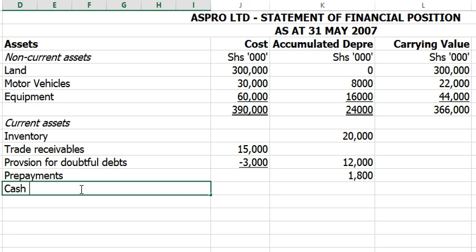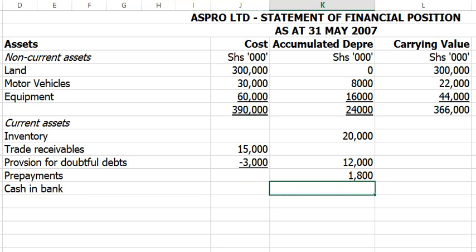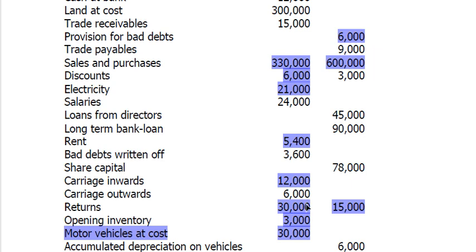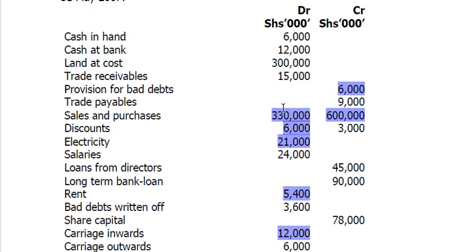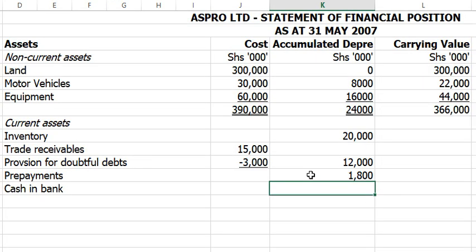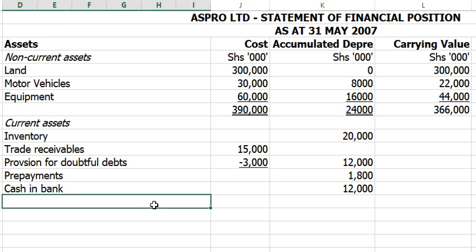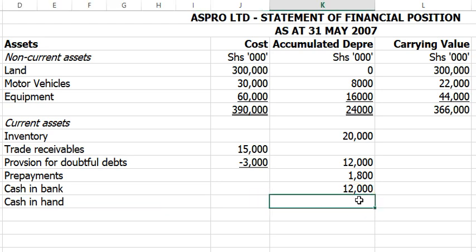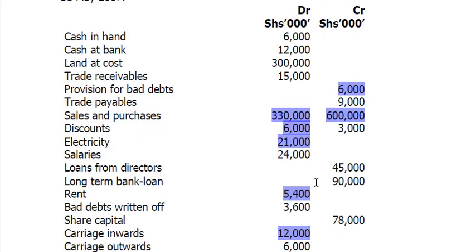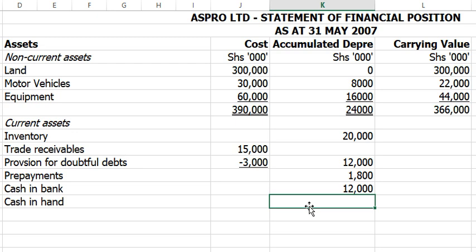Then the cash in bank, that is 12,000. Then you bring the cash in hand as well. Cash in hand is how much? Cash in hand is 6,000.